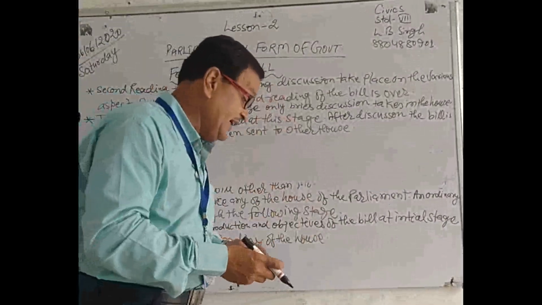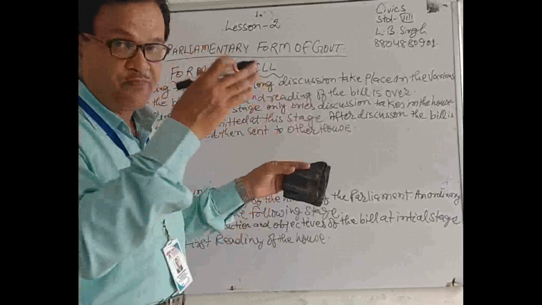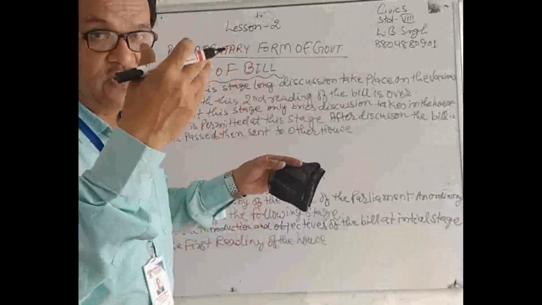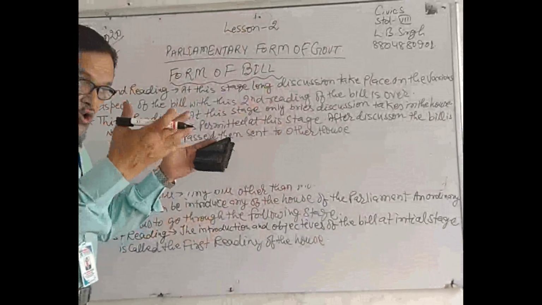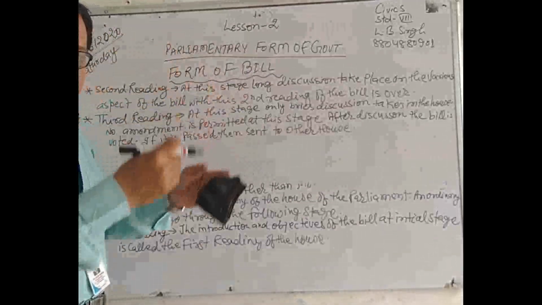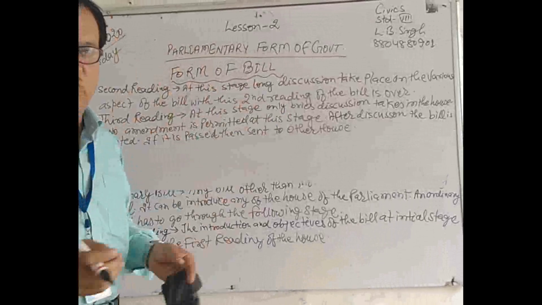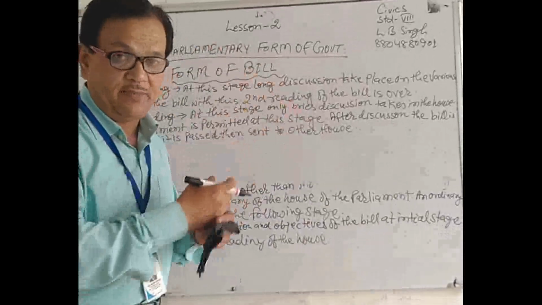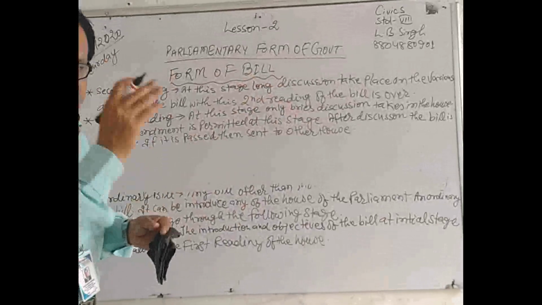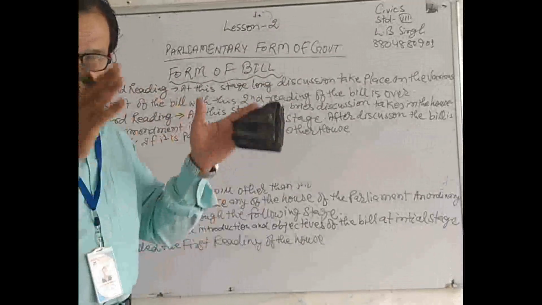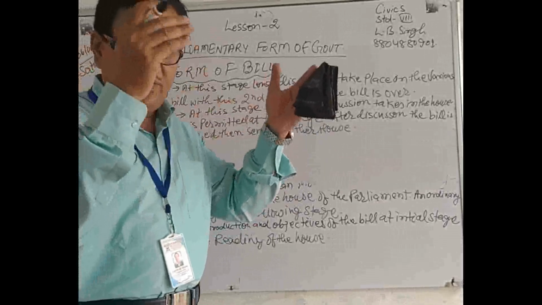And after that, it is sent to the President of our country. If there is no favorable condition, that is, there are different opinions regarding the bill in both the houses, in that situation the President allows a sitting in one house.